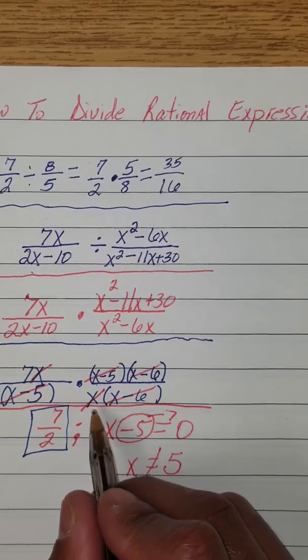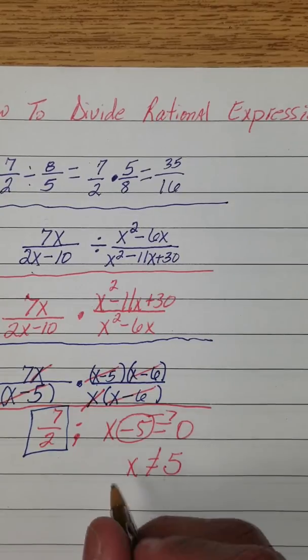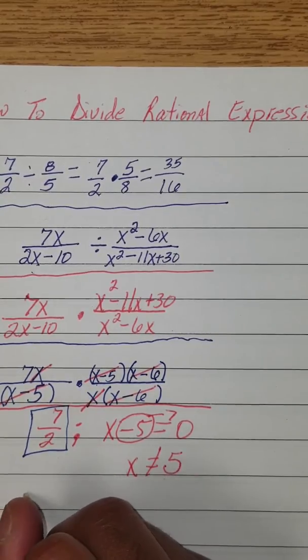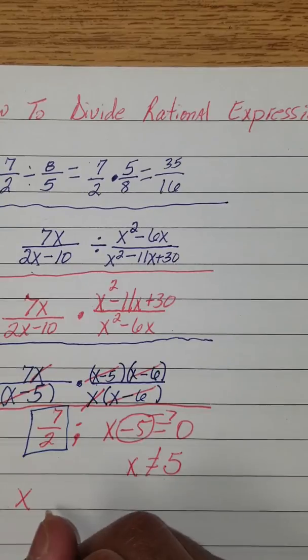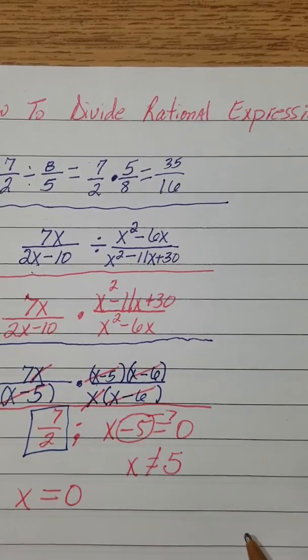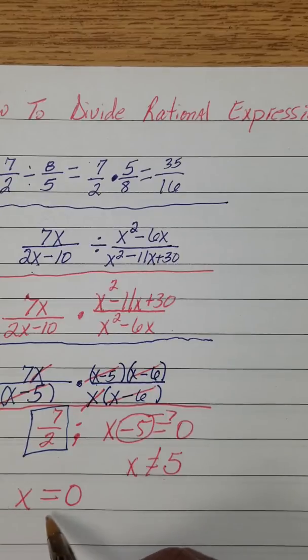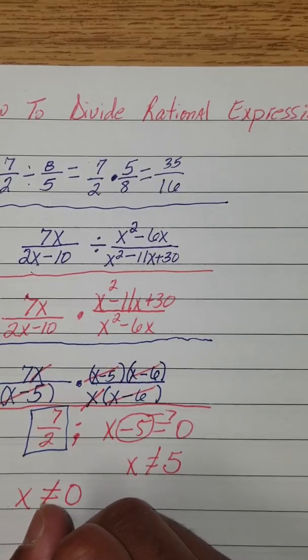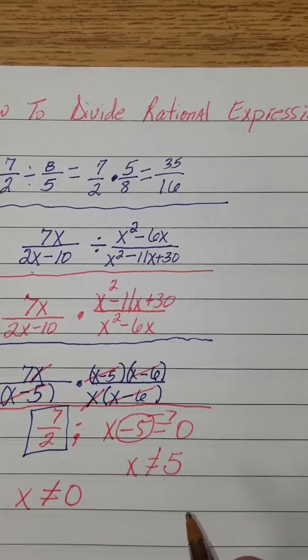The next thing I would take is this x that I scratched out. I'm going to take that x, set it equal to 0 as well and solve. Because there's nothing to solve here, this is said to be completed. X is equal to 0.